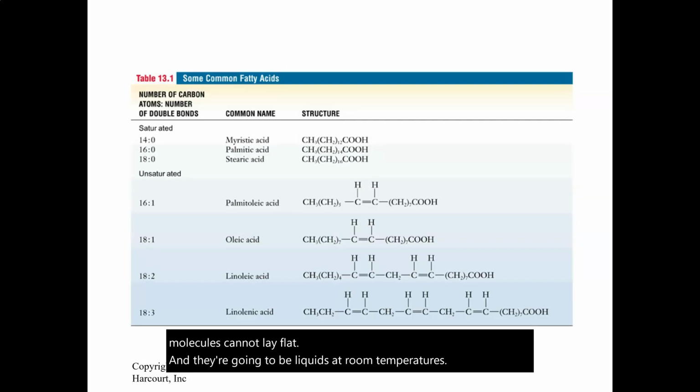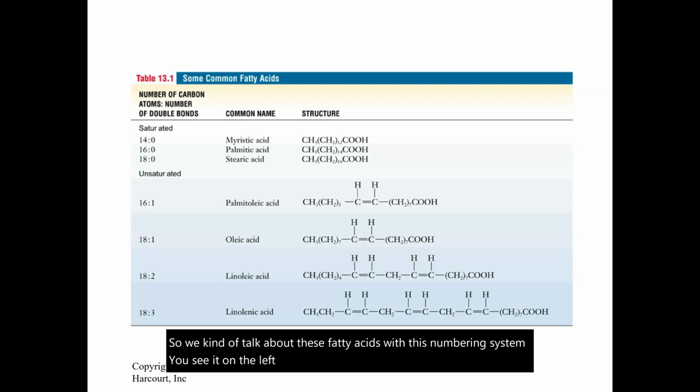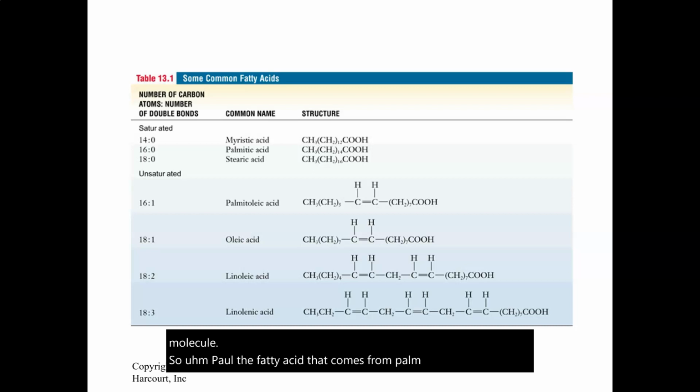So we talk about these fatty acids with this numbering system. You see it on the left there. It's the number of carbon atoms in the whole molecule, and then how many double bonds are in that molecule. The fatty acid that comes from palm trees is called palmitic acid.